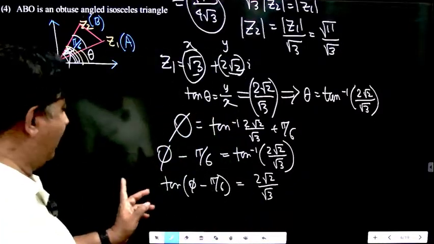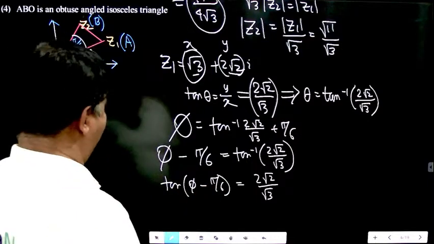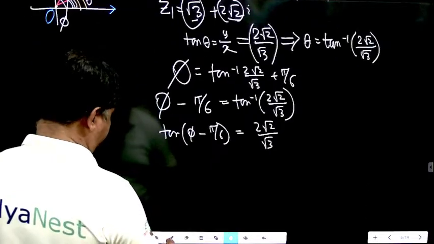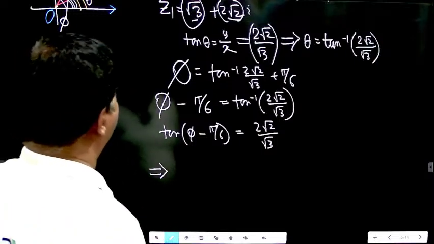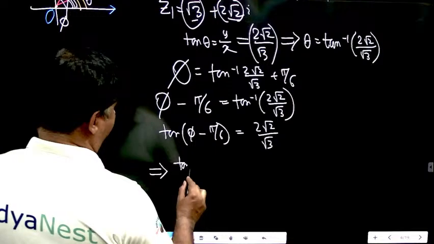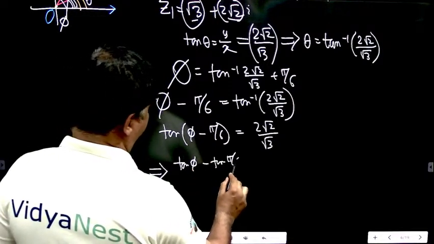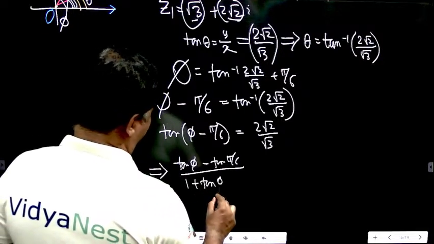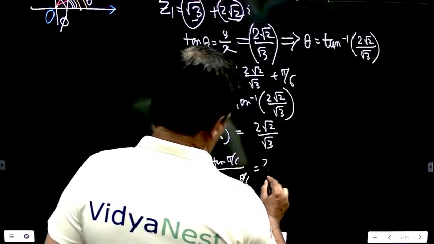Now this part has to be expanded by the tan a minus b formula: tan a minus tan b by 1 plus tan a tan b.